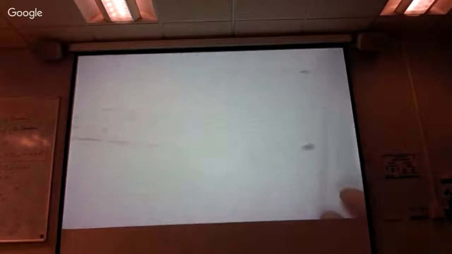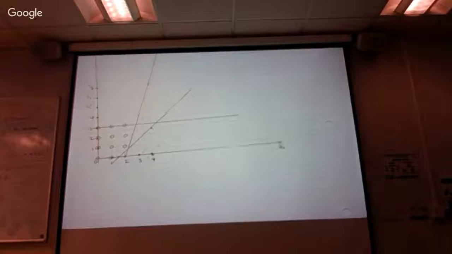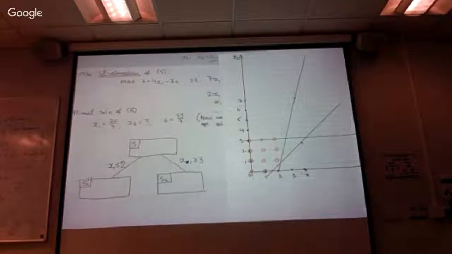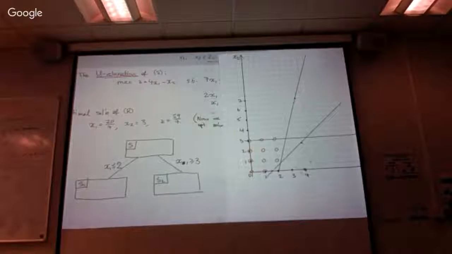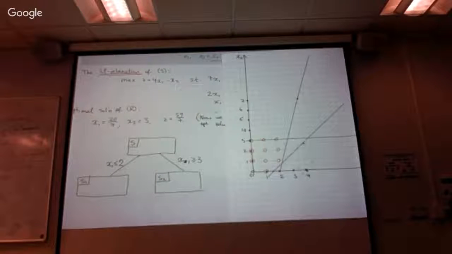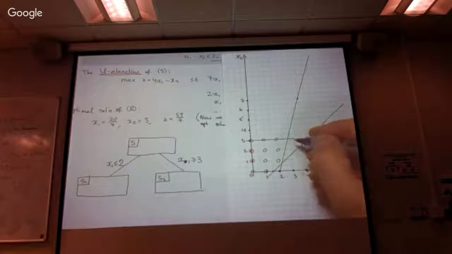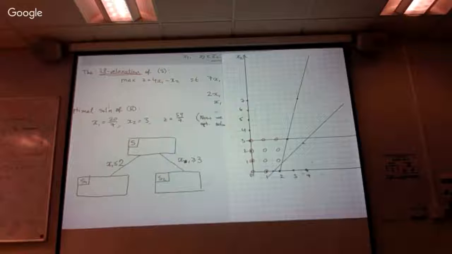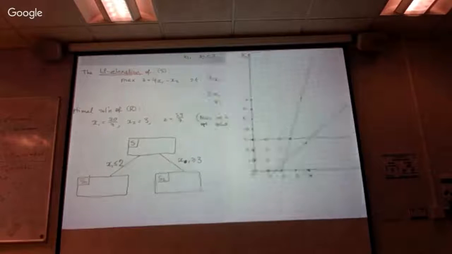The picture. So the optimal solution we found was x2 is 3 and x1 is between 2 and 3. Okay, it's a bit of a silly example here, isn't it? Because what we're saying is that, where's my green pen? Here it is.